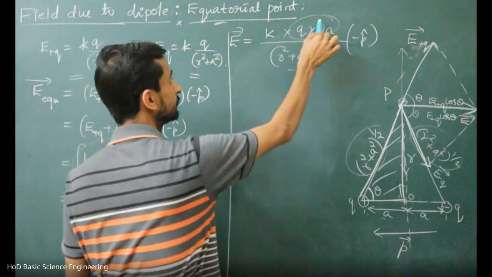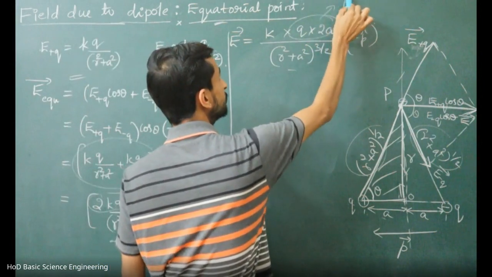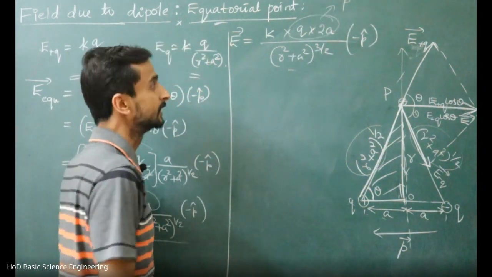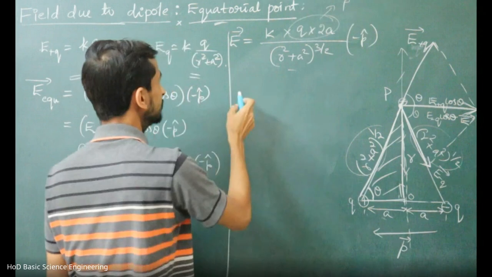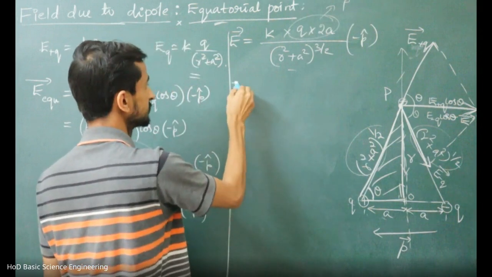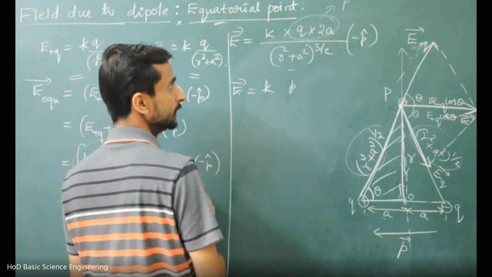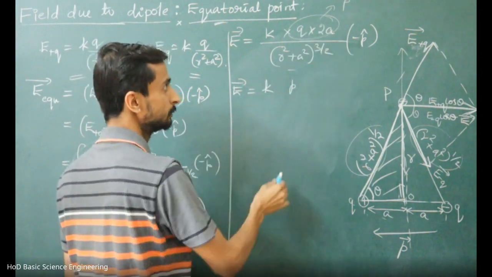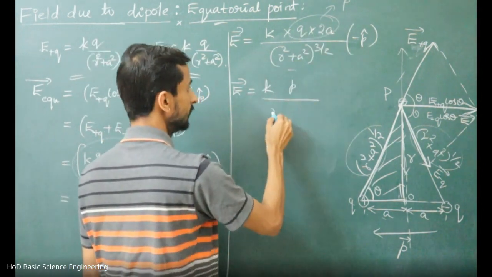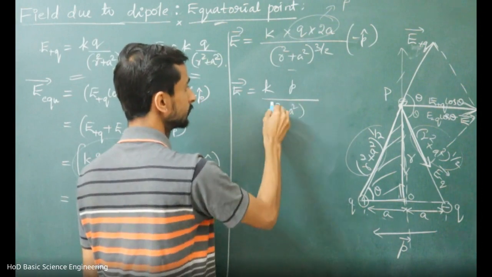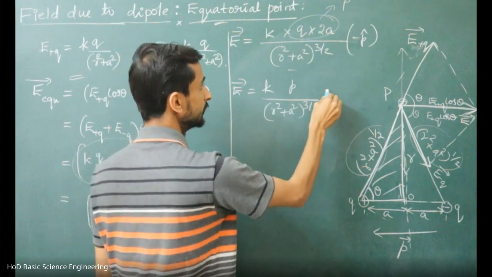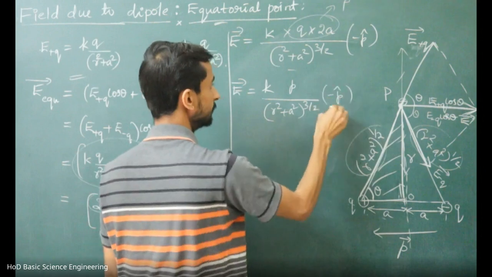Therefore, instead of this, we can write it as K into dipole moment divided by R square plus A square to the power 3 by 2 into minus P cap.